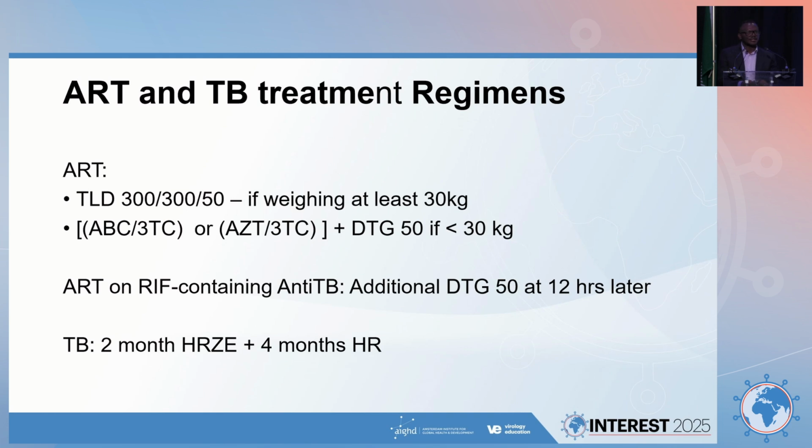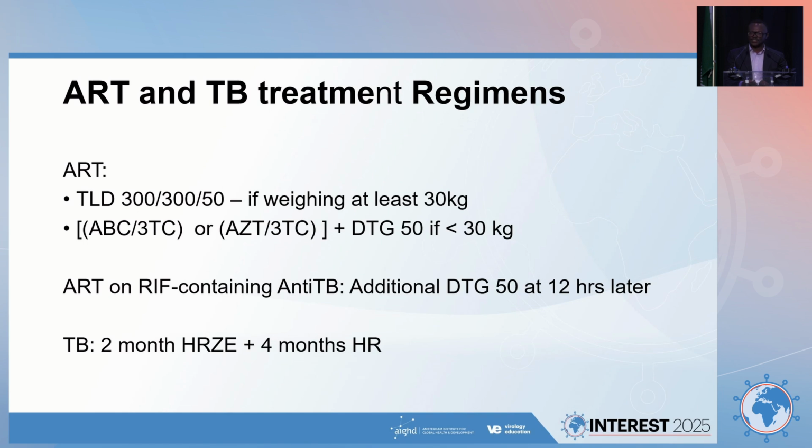Nationally, our regimen recommends tenofovir, lamivudine, and dolutegravir at these doses if the patient weighed at least 30 kilograms, and abacavir, lamivudine, or zidovudine, lamivudine, fixed combinations with dolutegravir 50 milligrams if they weigh less than 30. And if you had co-infection with TB, you got a second dose of dolutegravir 50 milligram 12 hours later.